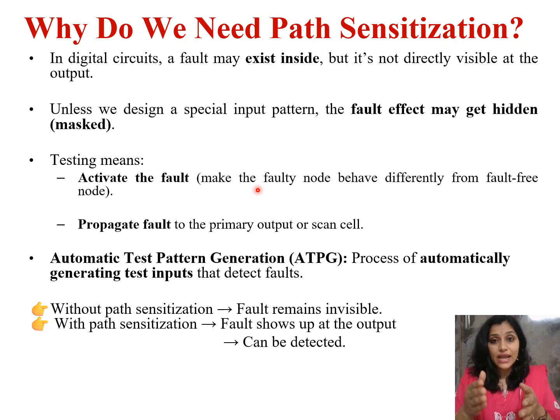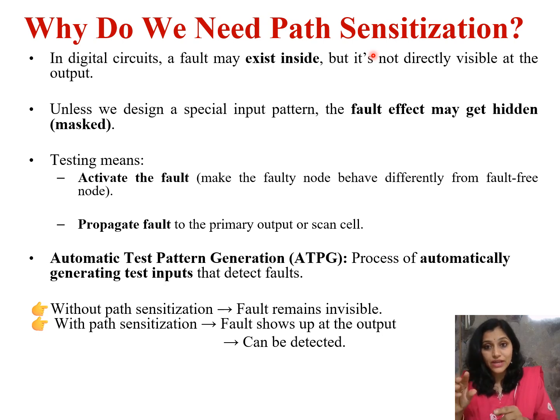But if I have an AND gate at the center and before it I have thousands of other gates, then I need to connect primary inputs in such a way that the particular AND gate which I am testing will receive inputs 1, 1, so that I can check whether the input is stuck at 0 or not. Path sensitization means I must check the entire path which will set the inputs of the AND gate to 1 or 0.